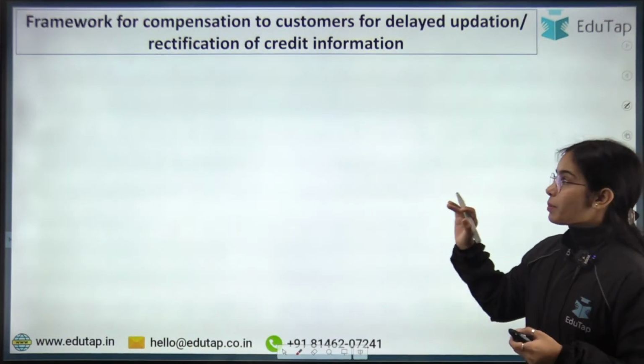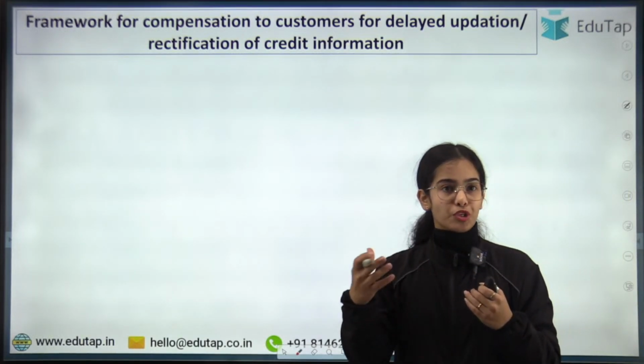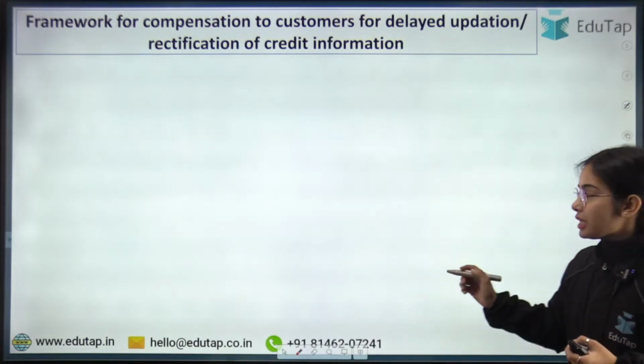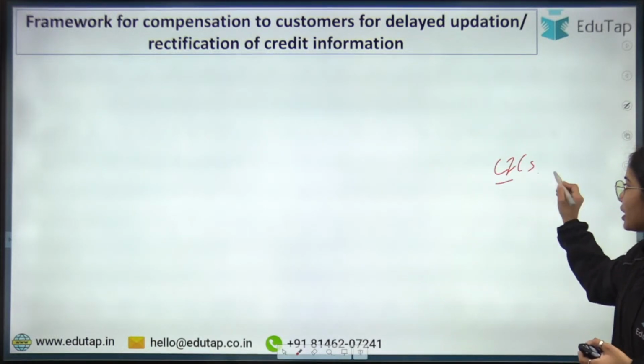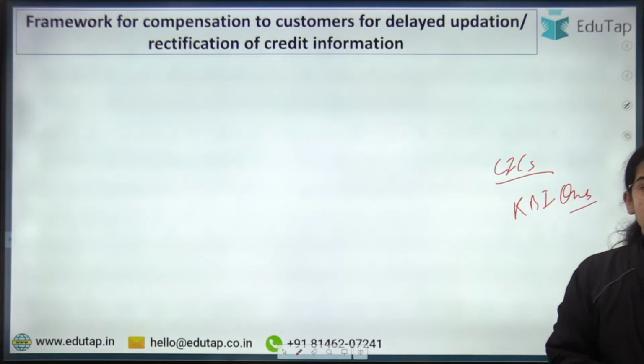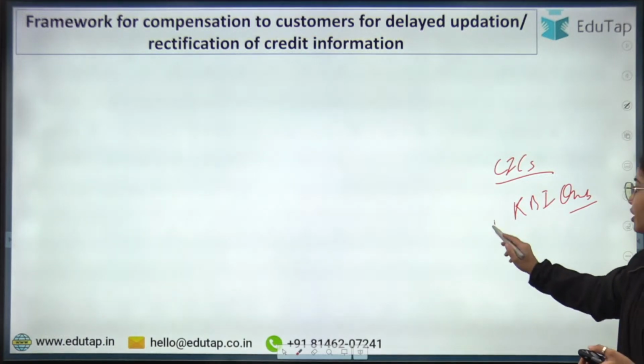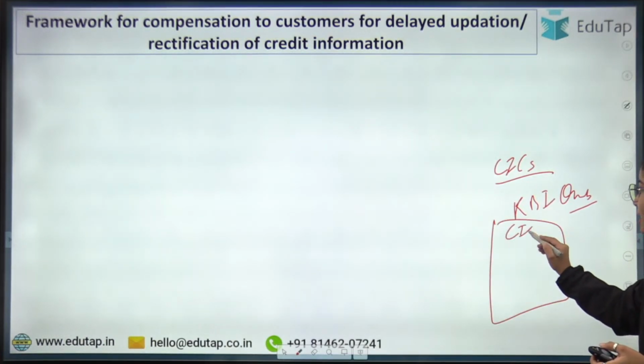So now, framework for compensation. Now if, let's say, you have a complaint against the credit information companies, can you tell me, do they come under the RBI ombudsman? See, credit information report is a complete report.